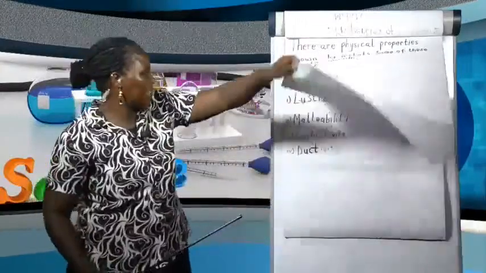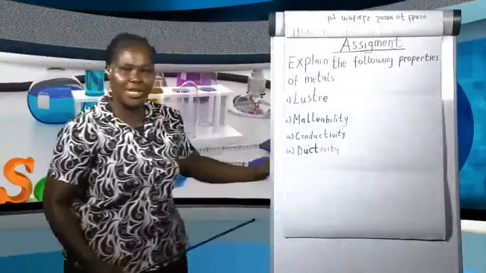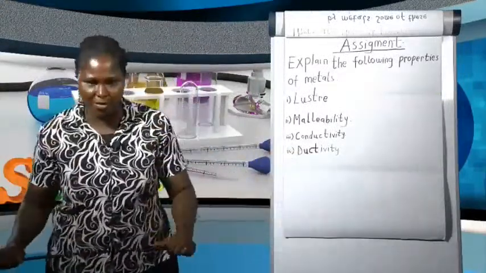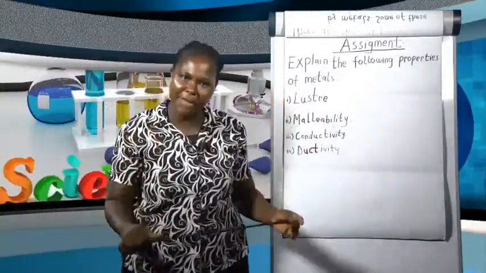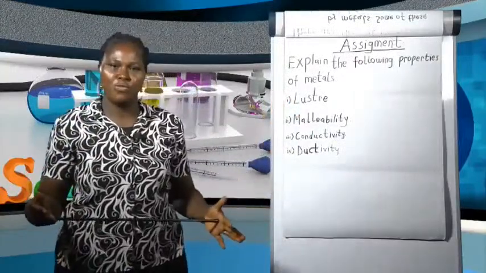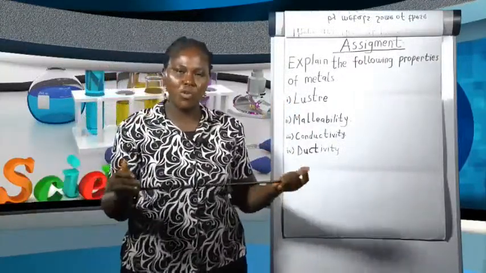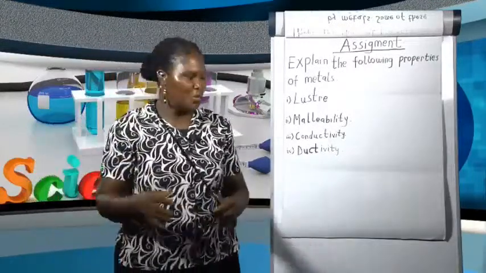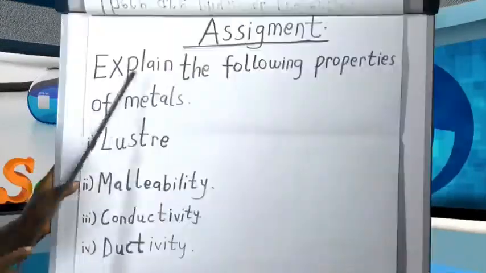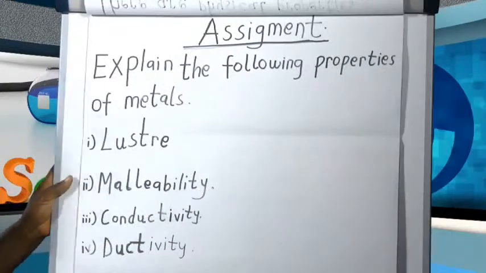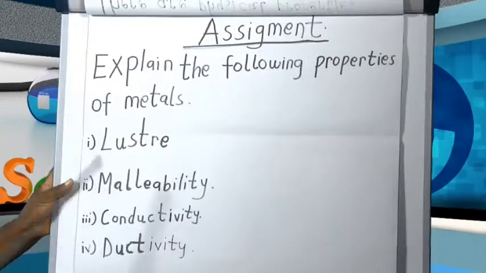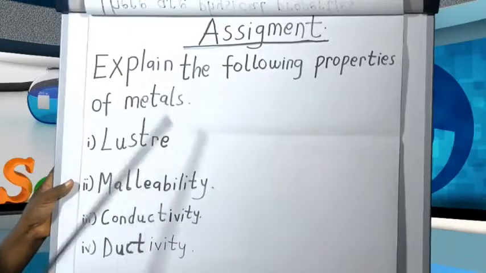So, children, we have done for today. You have done very, very well. So I have this assignment for you. When you go home, you do it nicely, and when you have your free time, you do it. Explain the following properties of metals.